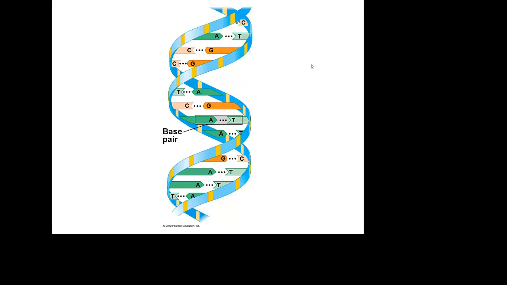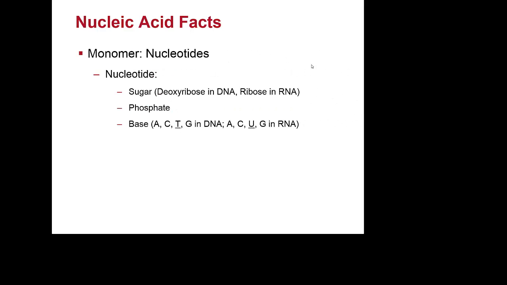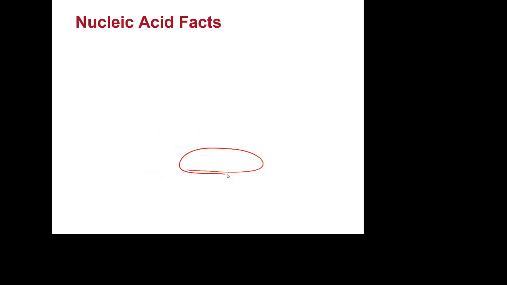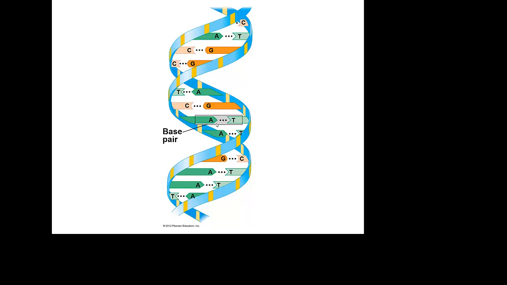Now, when we do this, and we'll talk much more about this later on, what we have to think about is that to build these, with the sugar and phosphate and bases coming together into these nucleotides, we think about DNA as being double-stranded. The hydrogen bonds form in between. If we go back here one second, those dotted lines, remember, indicate hydrogen bonds.